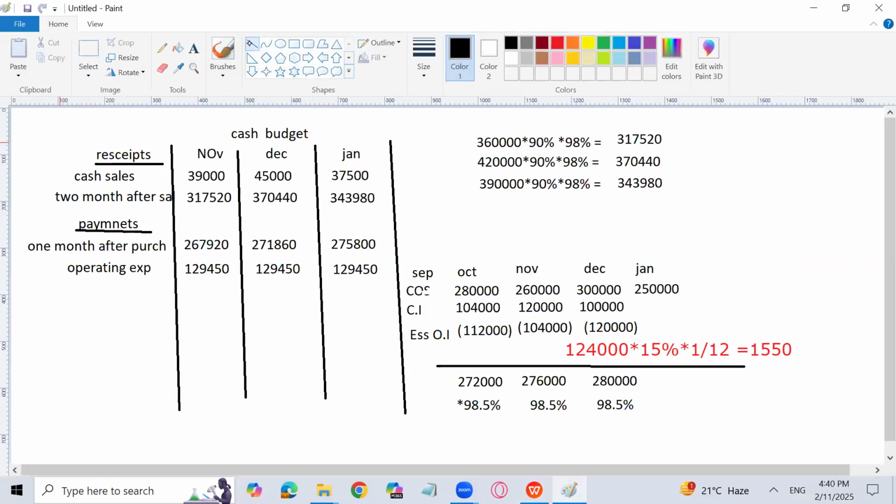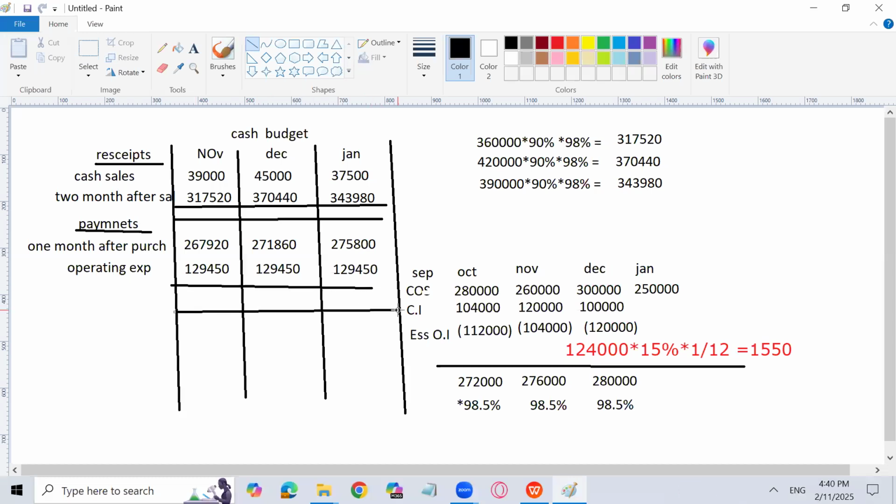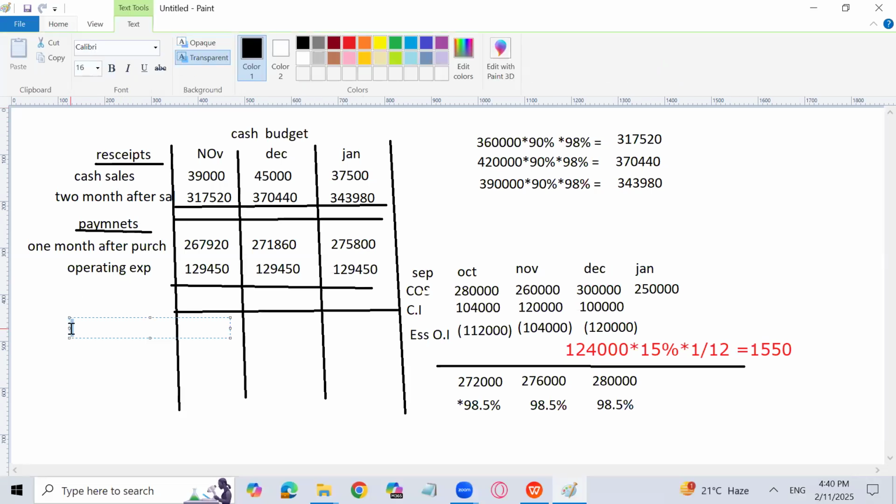So we'll do this. We can go for the total of this first for the receipts, and then we can go for the total of the payments, and then we can find the net cash. Here is the net cash. Then I am going to write cash at the start, and then cash at the end.